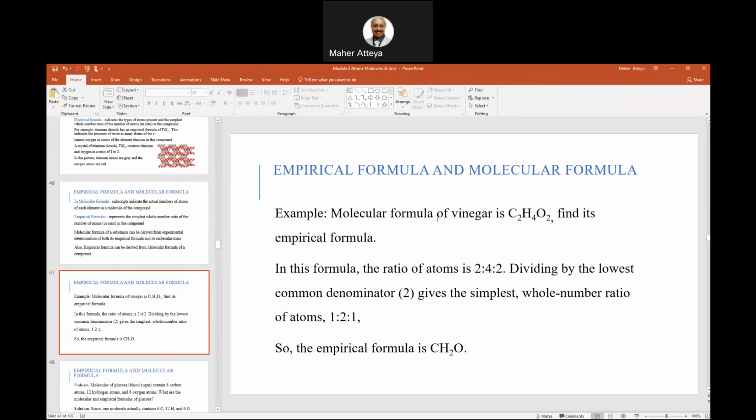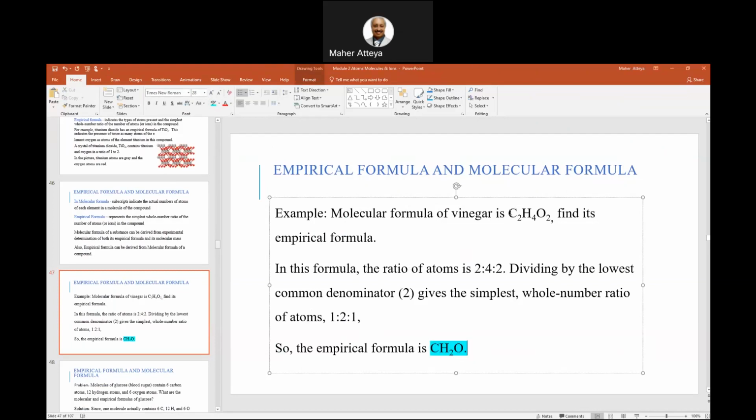What is the empirical formula? Somebody tell me. Divide by the common factor. What is the common factor? It is 2, correct? The common factor of all these values is 2. So dividing all of them by 2 gives 1 to 2 to 1. So this is the empirical formula.